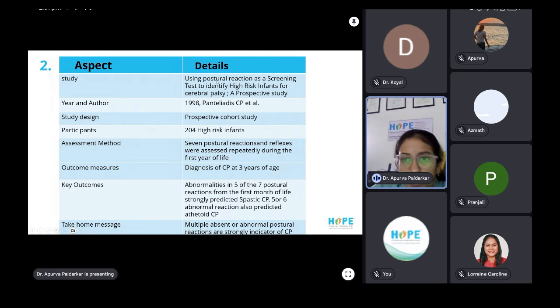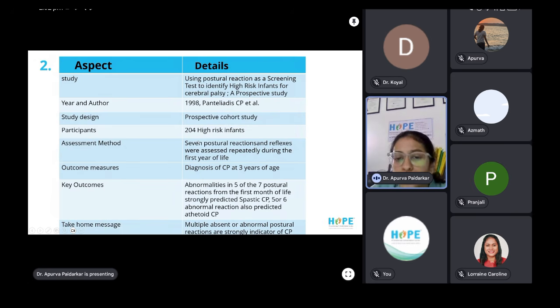The second study is on using postural reactions as a screening test to identify high-risk infants for cerebral palsy. It was done in 1998 by Pentiliadis CP et al. The study design was a prospective cohort study.